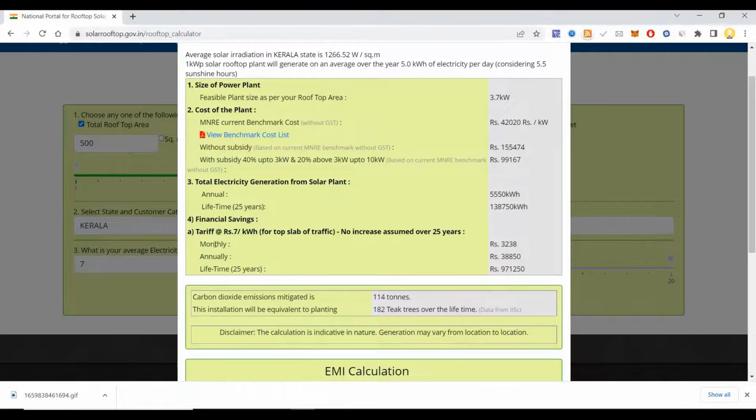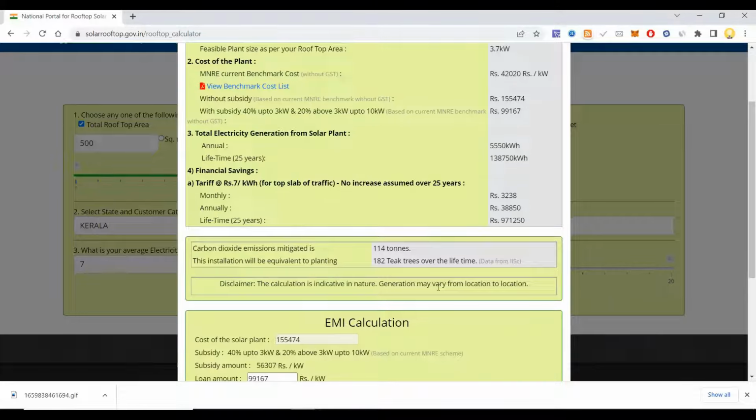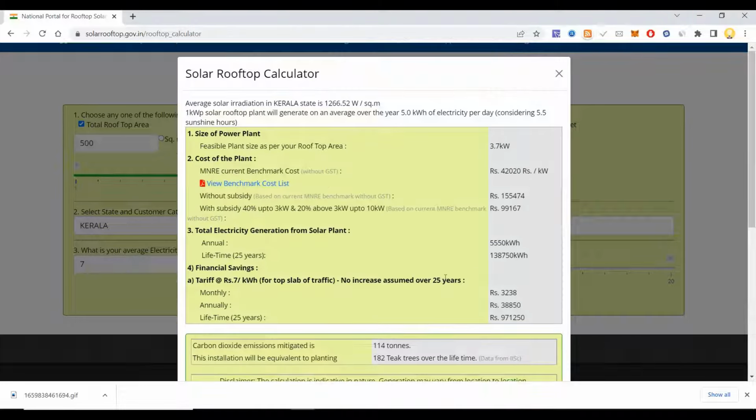In terms of financial savings, at the tariff of around 7 per kilowatt hour, with an increase assumed over 25 years, monthly 3,238, annually 30,850, lifetime around 9,71,250. The carbon dioxide emissions mitigated are around 114 tons. This installation will be equivalent to planting 182 teak trees over the lifetime. So this is the calculation that you get here.